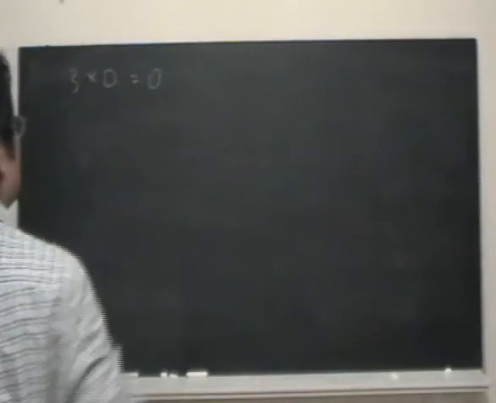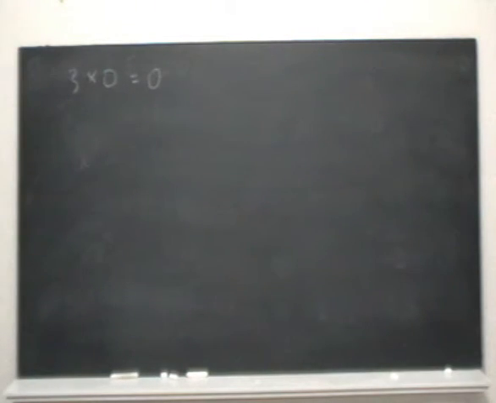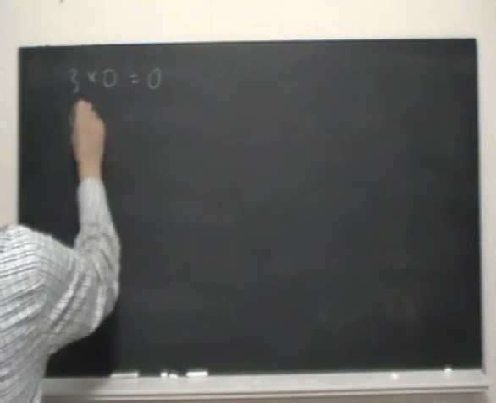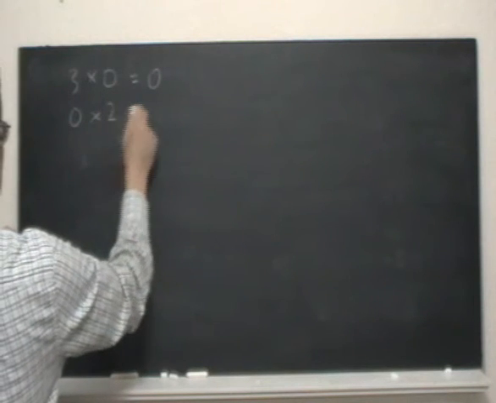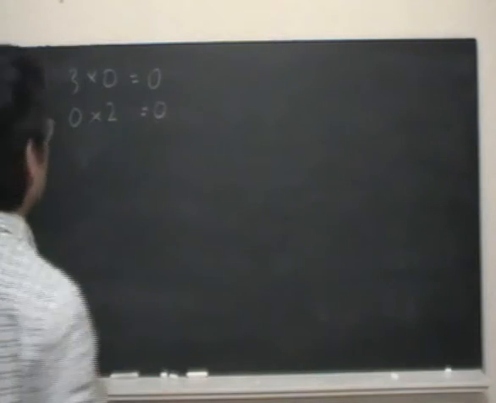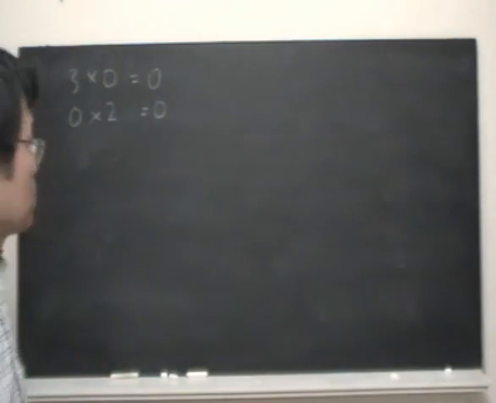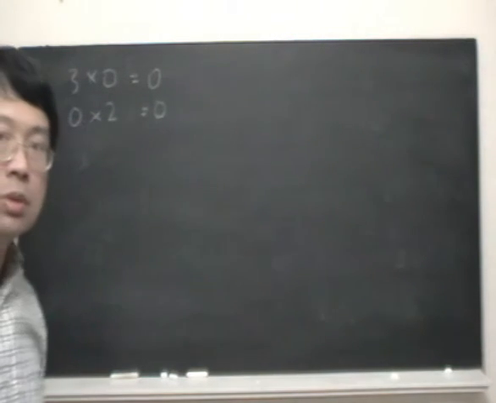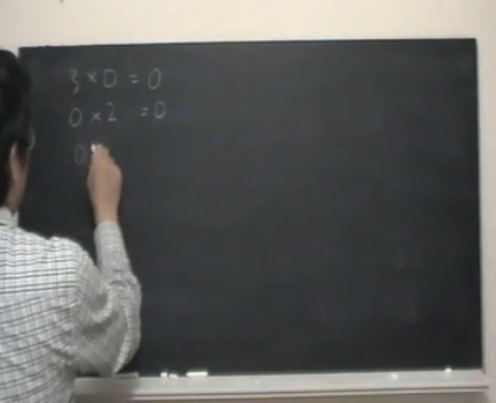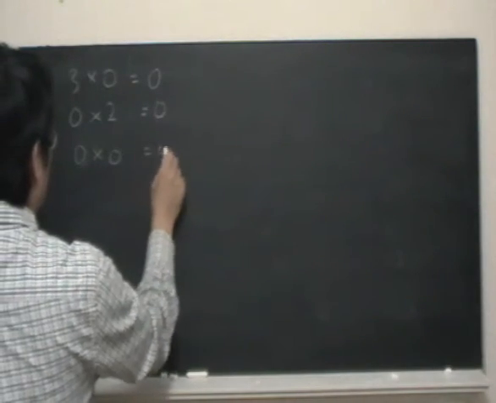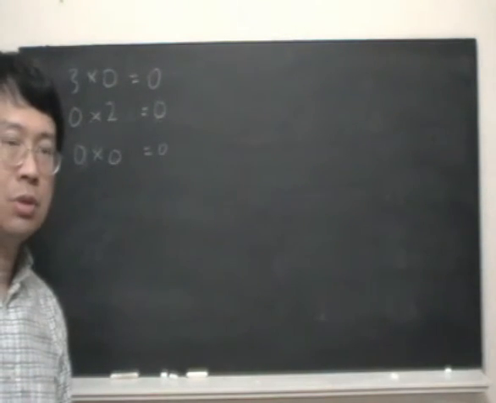So therefore, 3 times 0 is 0. Let's try another one. 0 times 2. So 0 times any number is also 0. 0 times 2 is 0. Okay, that's simple enough. And we also know that 0 times 0 is 0.